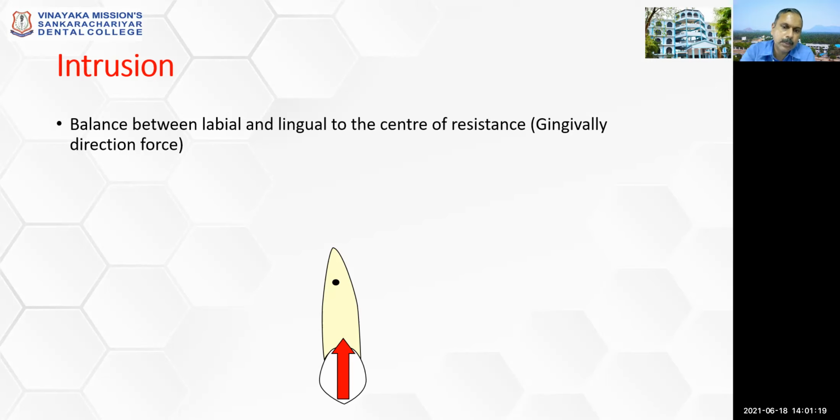If it is a tooth in the mandibular arch, again, you make a common terminology with you for you to understand. Gingivally directed forces are all intrusive forces. Okay, so one thing that you should have in mind, for you to understand and remember, is gingivally directed forces are intrusive forces. See now, arrow mark is going up, and that causes an intrusion, which is in the maxillary arch.